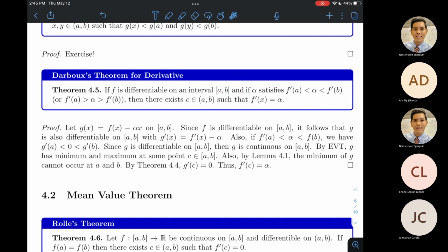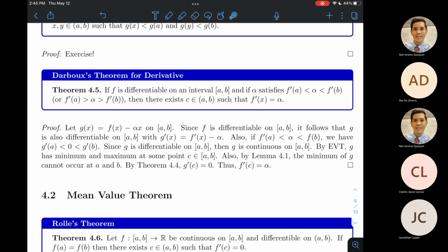And alpha is a number that is strictly between f prime of A and f prime of B. Actually, it doesn't matter if f prime of A is less than alpha, and f prime of B is greater than alpha. So basta si alpha ay nasa pagitan ng dalawang values, nung function values and derivative dun sa magkabilang endpoint.